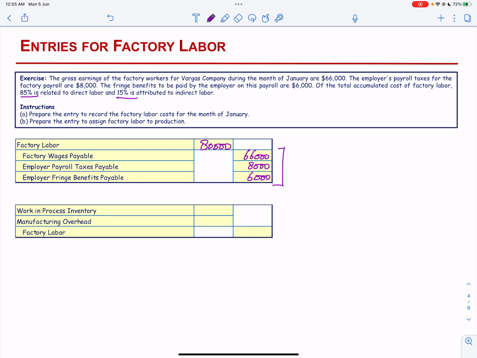So work in process will be debited by 85% of 80,000, that is 68,000, and manufacturing overhead will be debited by 15% of 80,000, that is 12,000, and factory labor will be credited by 80,000.